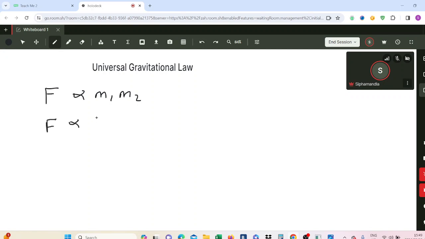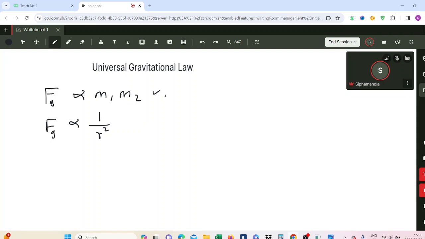This means that the gravitational force, which I can call Fg, is directly proportional to the product of the masses and inversely proportional to the square of the distance between their centers.